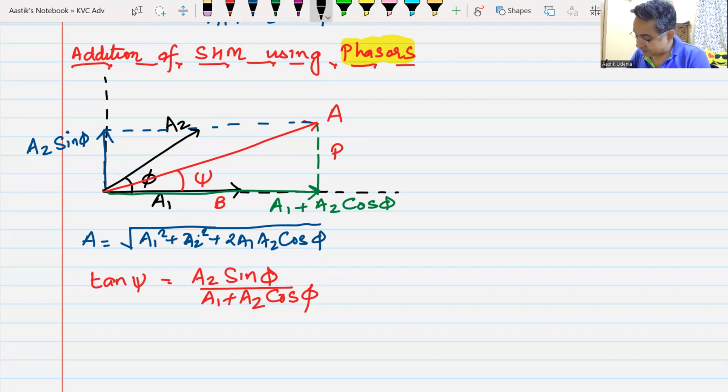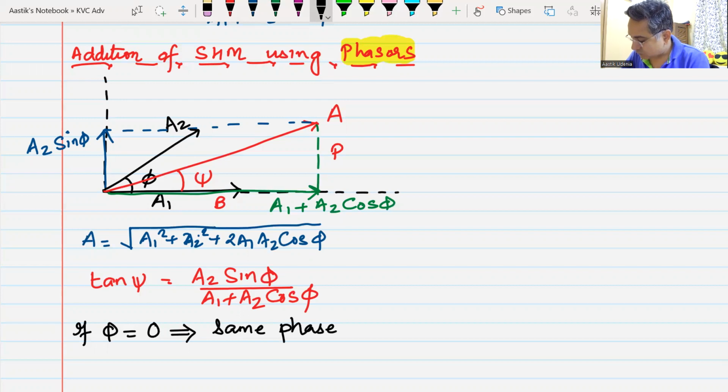So I can write, if the angle phi is 0, that means both of them are in the same phase. Then the resultant amplitude will be A1 plus A2, since cos phi becomes plus 1.